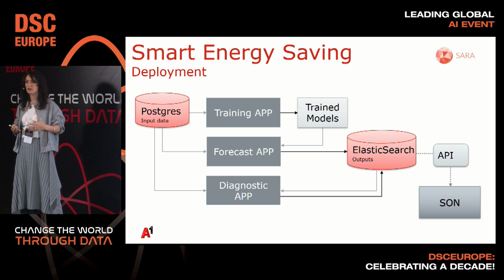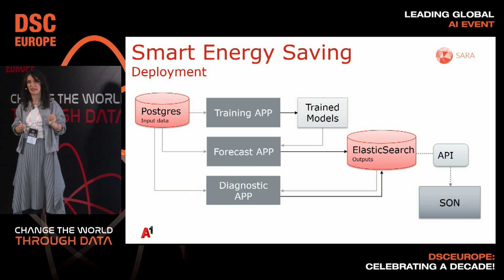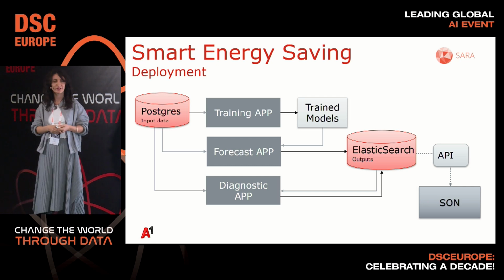And this way, we are, of course, improving energy efficiency while, on the other hand, preserving network performance, which was our main focus and main goal of our research work.